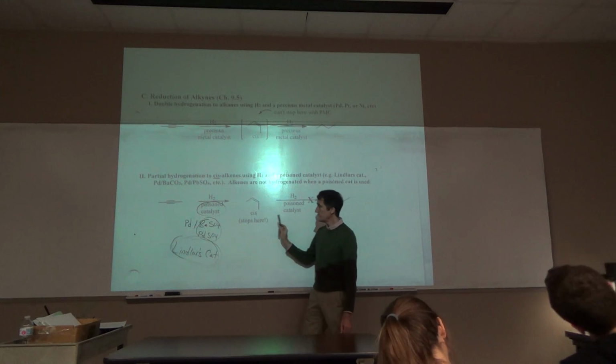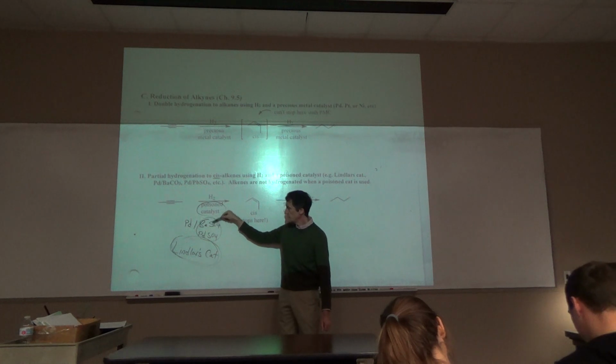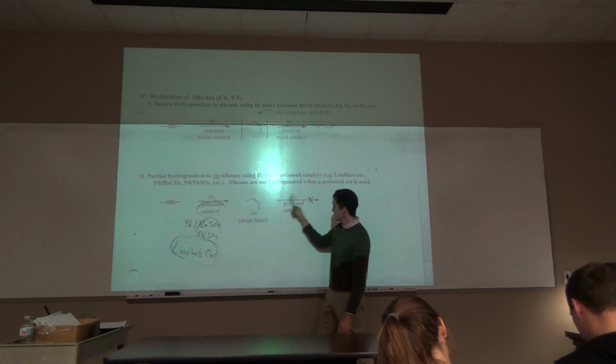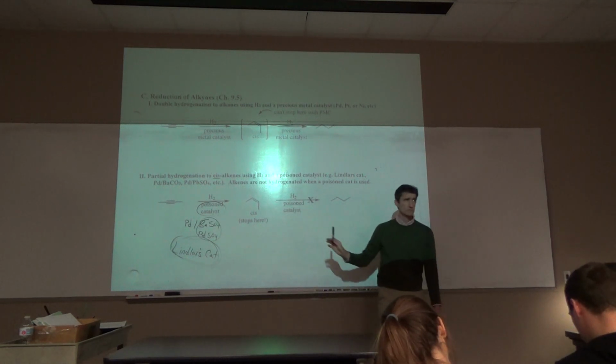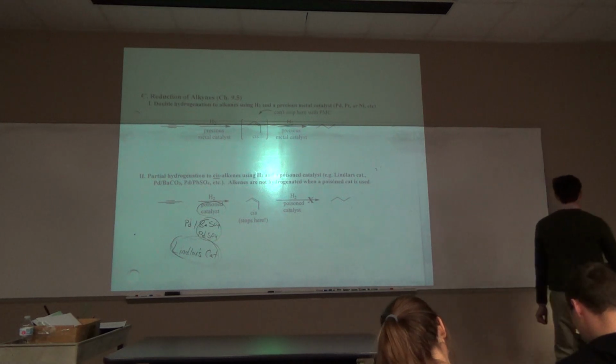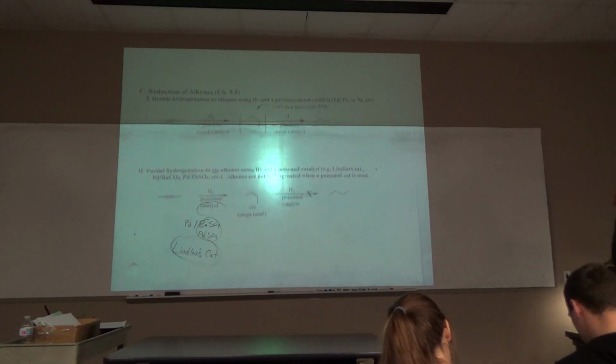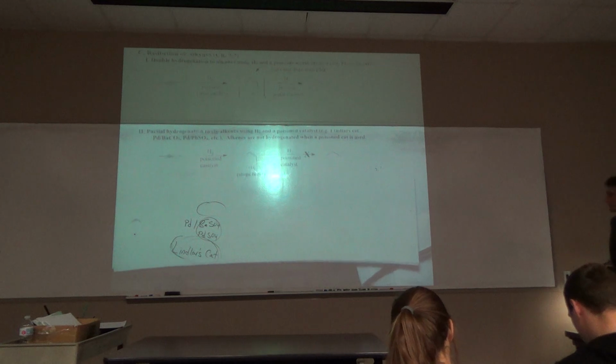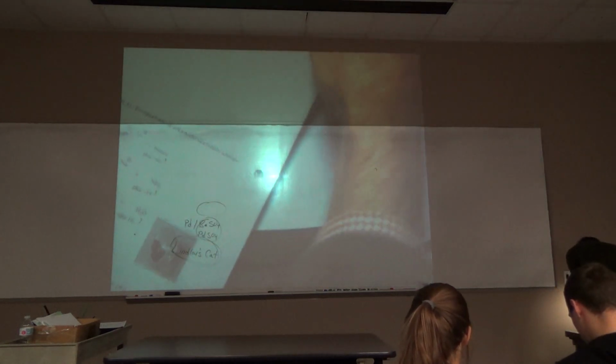Well, it doesn't, because actually the first one is easier. And so these will do the first one, but the more difficult one it won't do. And if you want more information, you have to look into it.